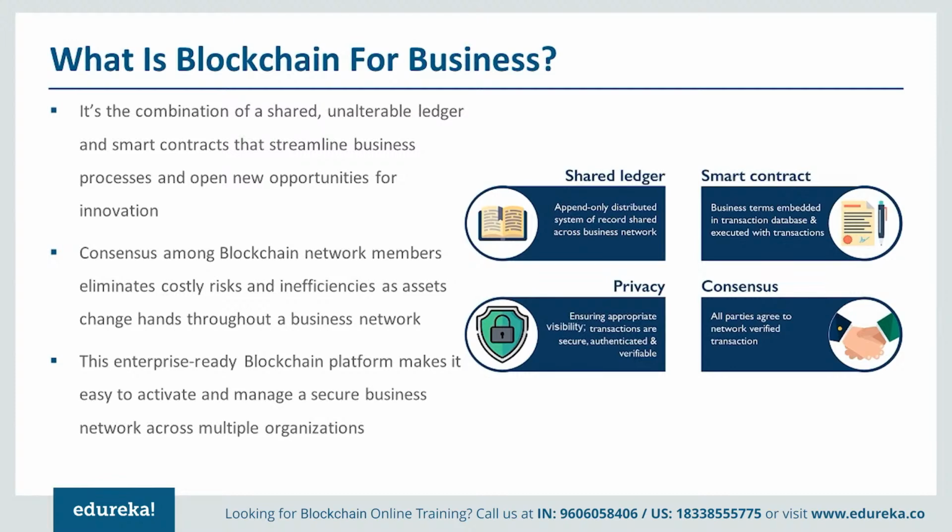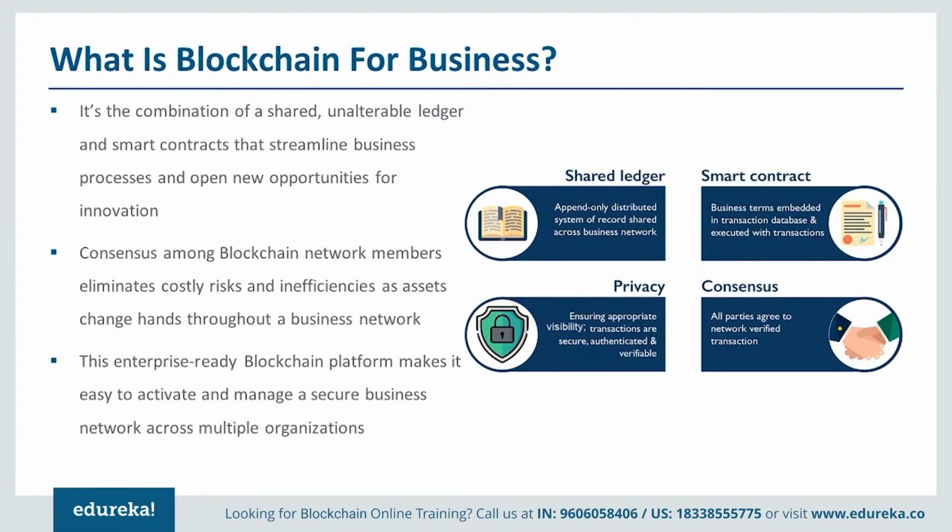Although you can keep a database of all the information, it should only be visible to the person who is authorized to see and use it. So the notion of privacy is really, really important. Because of this privacy concept, we have multiple channels and private data collections, etc. in Hyperledger Fabric. And then you have the notion of consensus where all parties need to agree. There are different kinds of consensus algorithms used in Hyperledger Fabric.